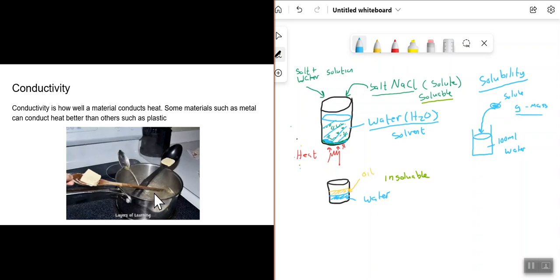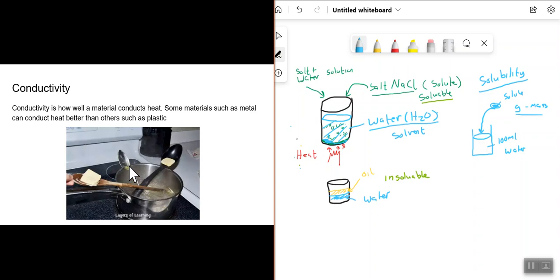We can see that this one melts first. Why? Because metal is a much better conductor of heat than the wooden or plastic spoon. That's why they put plastic on handles, and why they use wooden spoons to stir substances, because the heat doesn't transfer through them as easily.